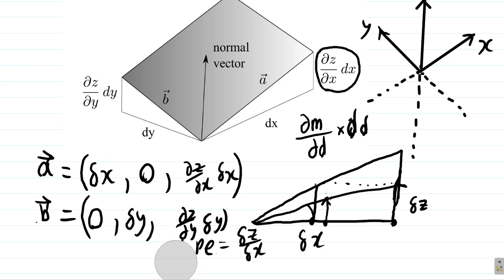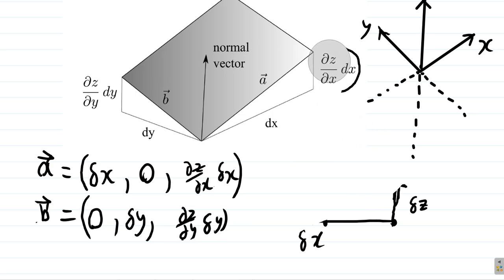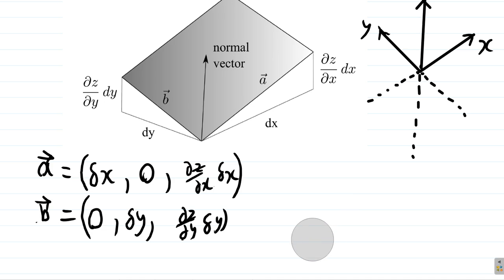Alright, so let's just get rid of some of these workings here that we had before. And this part. Alright, so now we consider the vectors A and B as being flat.